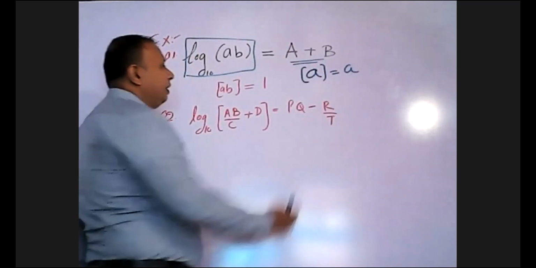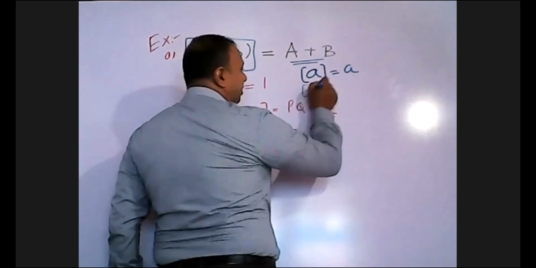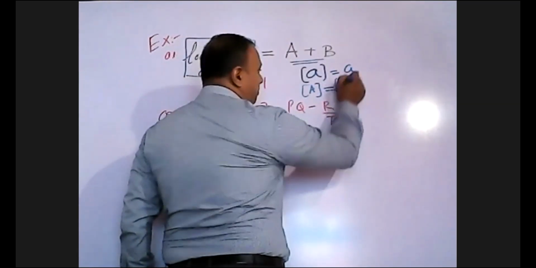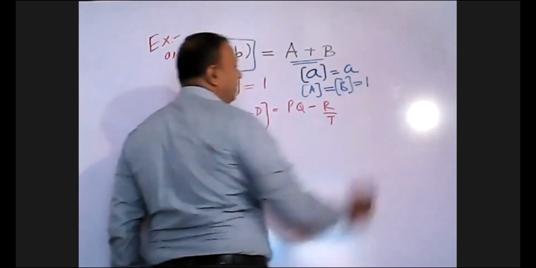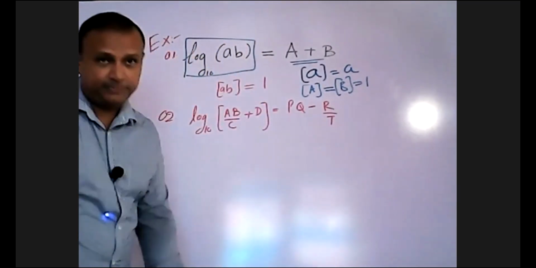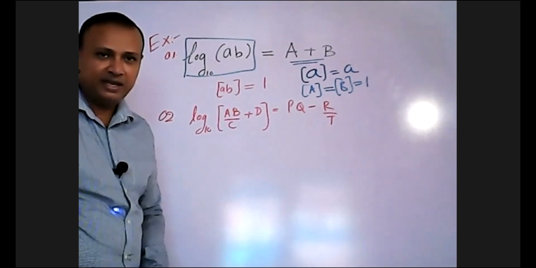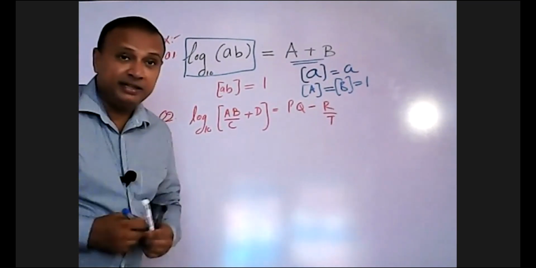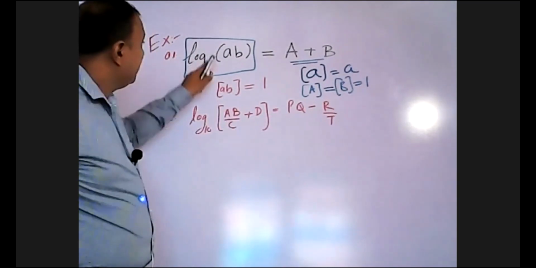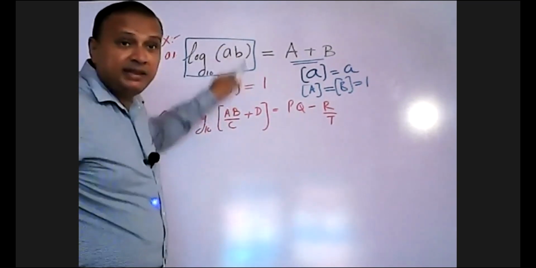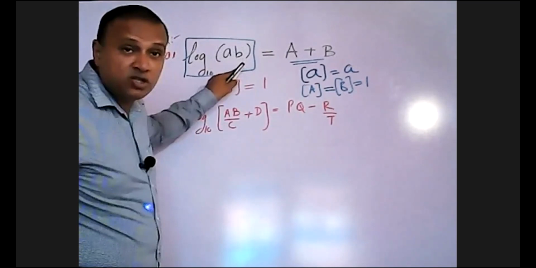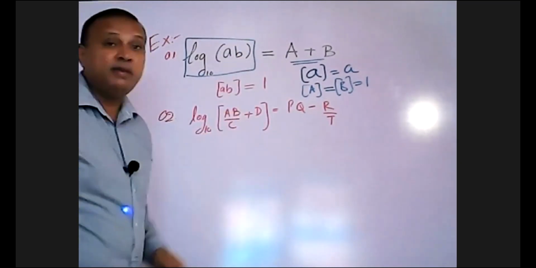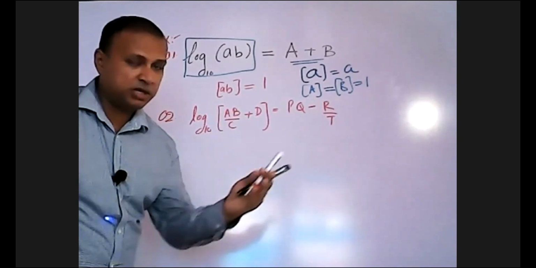Therefore, the dimension of A is equal to the dimension of B. That one should be equal to 1. The other thing is inside the logarithm function, AB is the expression.